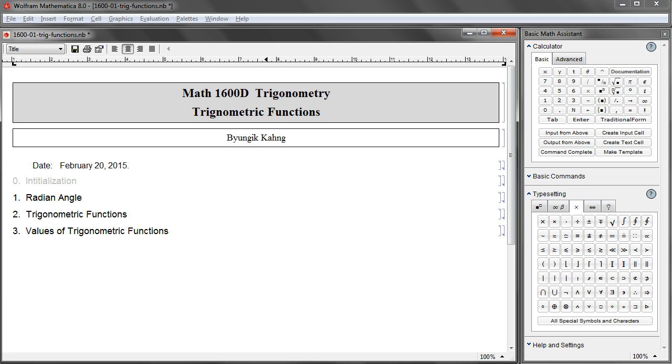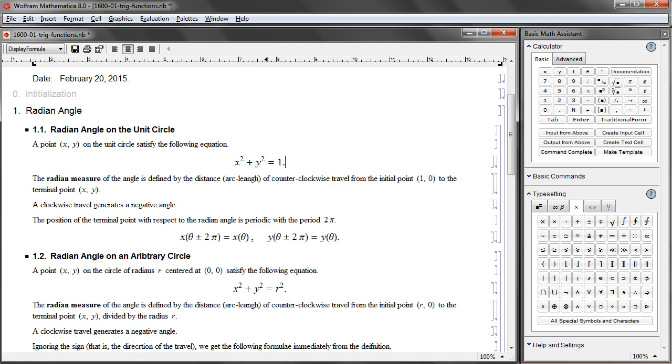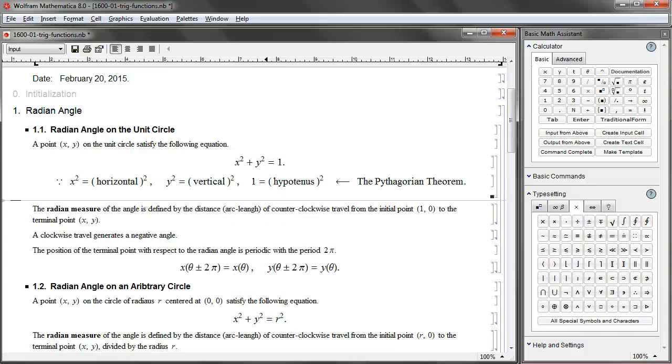Okay, let's begin discussing angle, and this is where we begin. A unit circle, x squared plus y squared is equal to 1. Why is this a circle? Here it is.